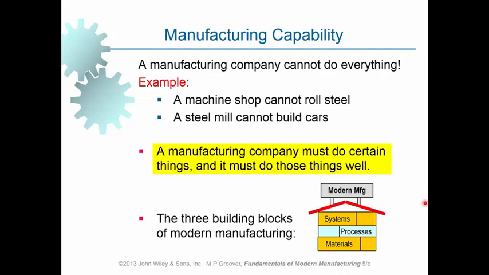Well, and at the bottom of the slide we can see 3 building blocks of modern manufacturing. And those are materials, processes, and systems. Well, materials is the first building block of modern manufacturing, and this is what was covered in Materials and Manufacturing 1 unit.